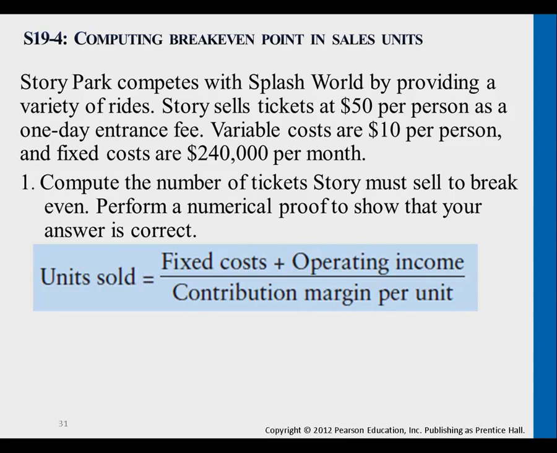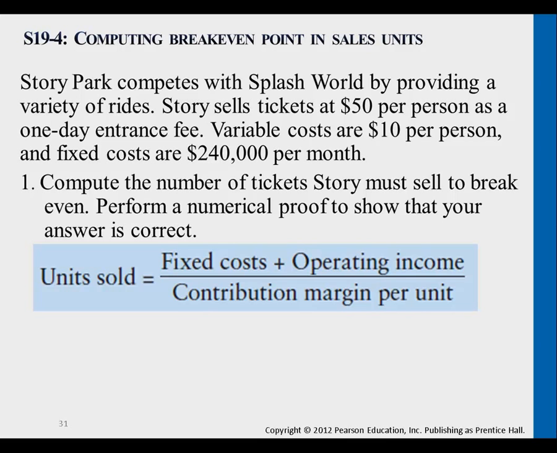Note that this is per person, right? Sales tickets 50 per person, and variable costs are 10 per person. So it's already per unit. So let's look. Anyone wants to say what number it is? What is the unit sold?